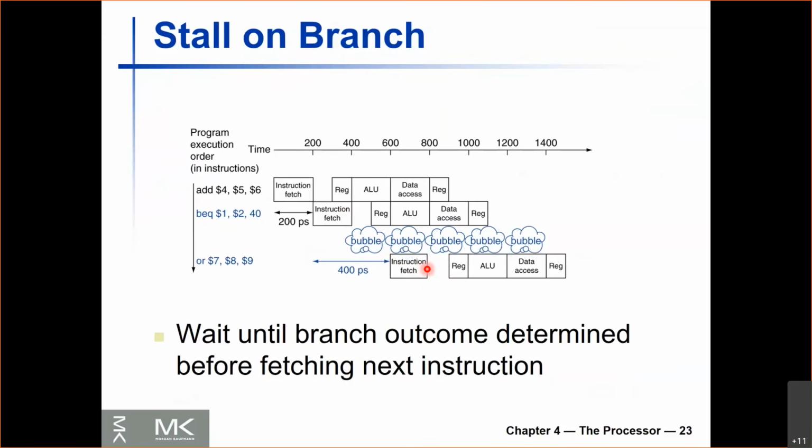We'd like to avoid the stall, but the problem is that there's no way for us to find out the result of the branch after instruction fetch. I don't even know that it's a branch. So what can we possibly do to avoid stalling here?